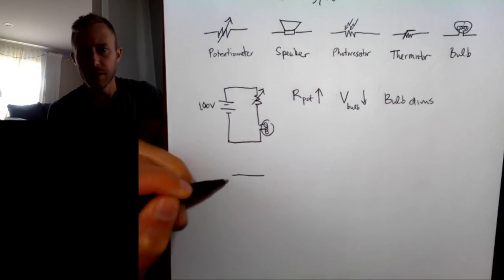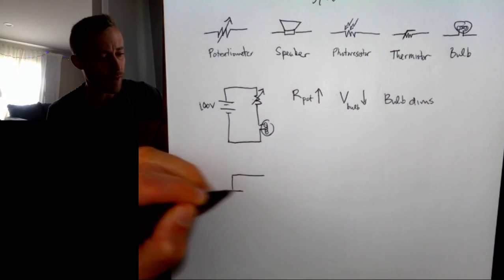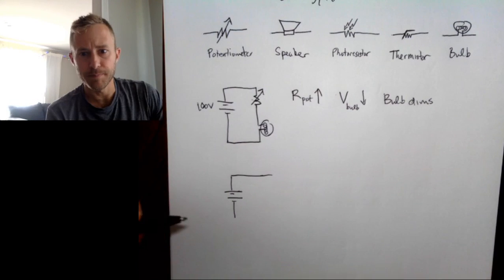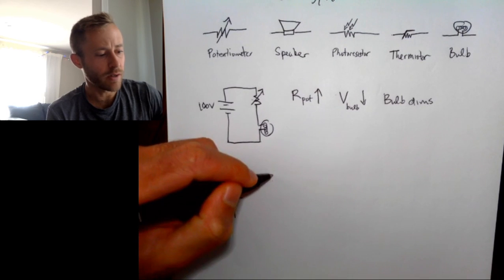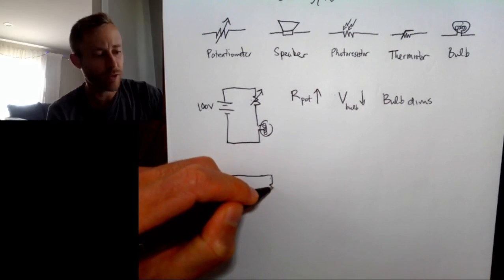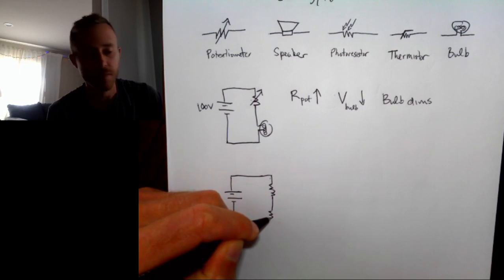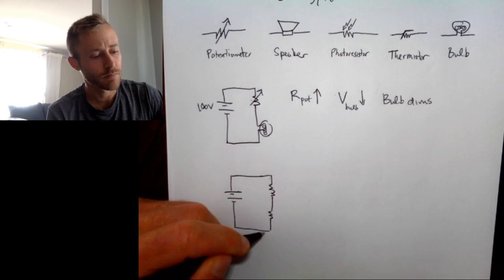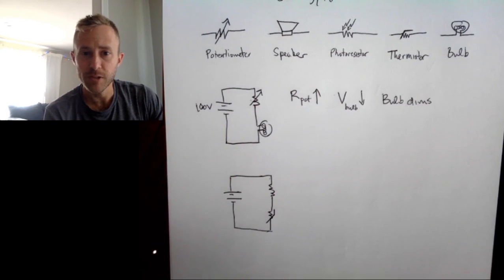And then another example of this is, let's suppose we have a battery, and maybe the battery has a resistor connected to it, and then a thermistor, like so.